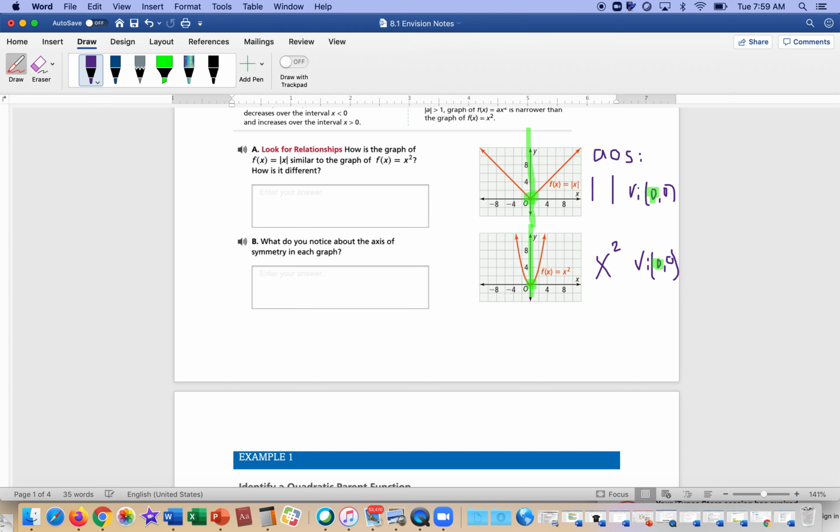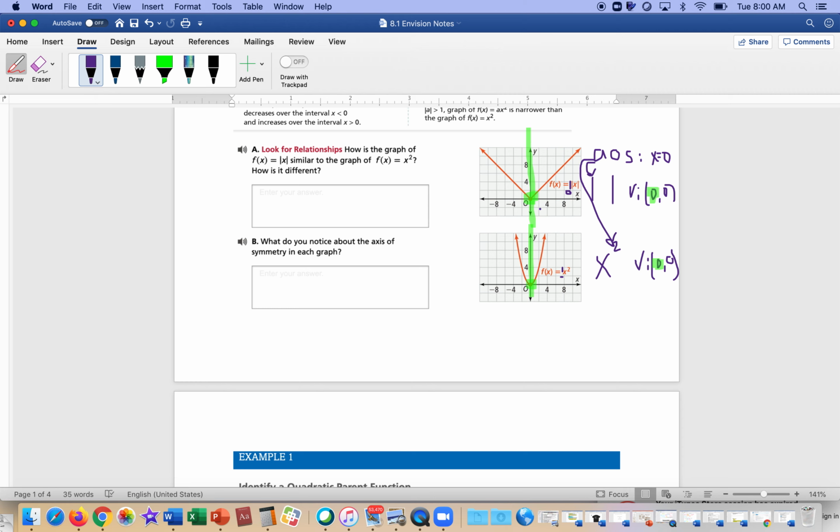Since it's vertical, it's x equals 0 for both graphs, for the parent functions of absolute value and quadratic. Okay, and if we also look at both of them, since we don't see a number in front of the absolute value bars or a number in front of x squared, we know it's a 1. And since 1 is positive, they both open upward, right?